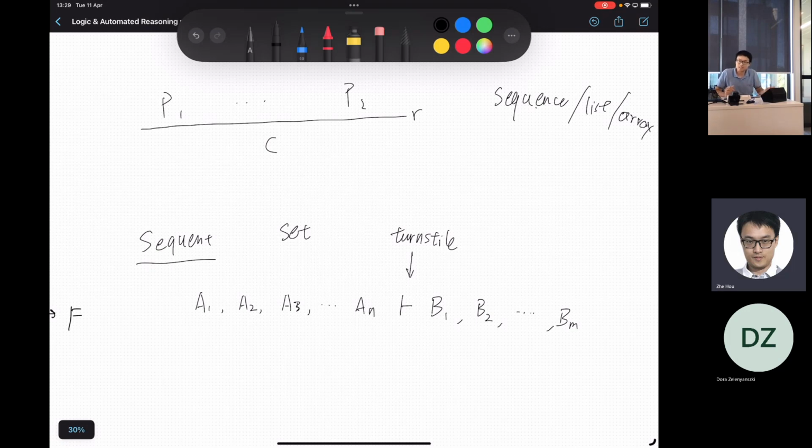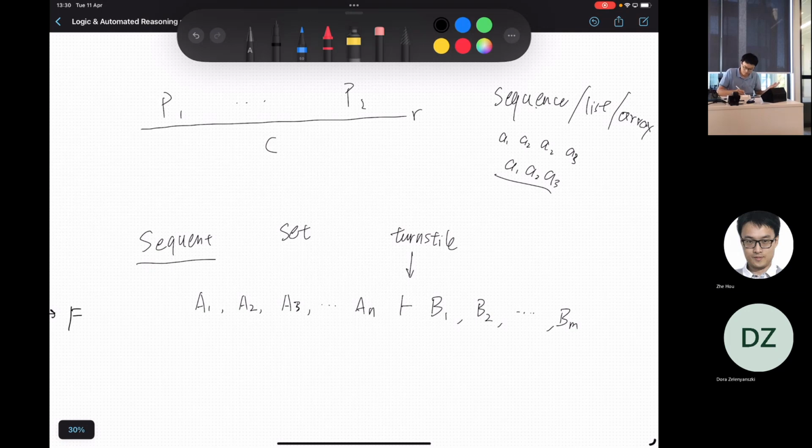And the duplication also matters. That means A1, A2, A2, A3 is different from A2, A1, A2, A3, because the order is different. The order matters, and duplication also matters. How many copies you have of each single thing is also important. So these two sequences are also different, okay?